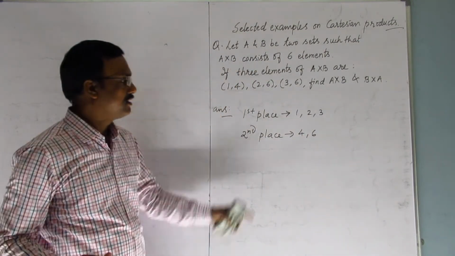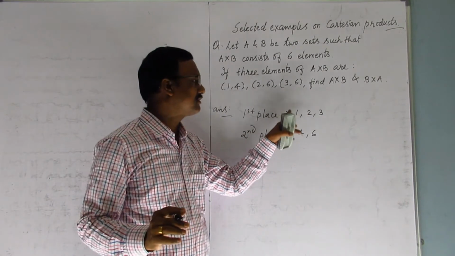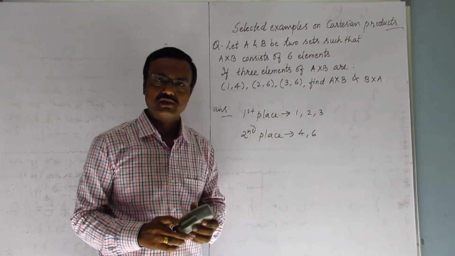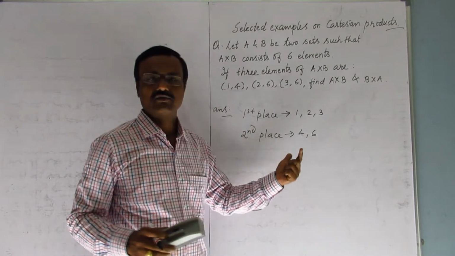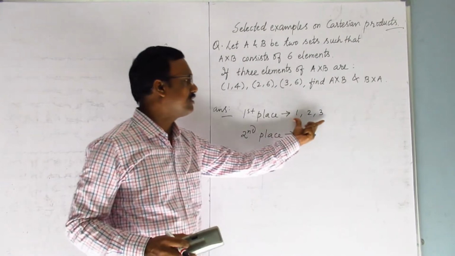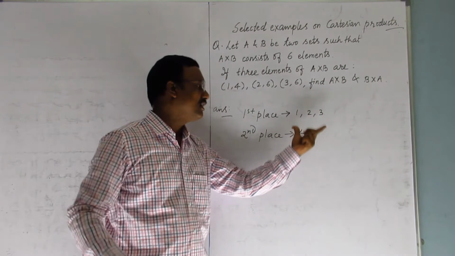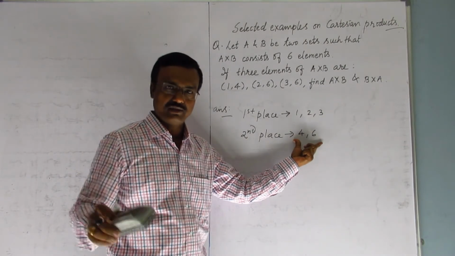Naturally, first place elements are from set A and second place elements are from set B. That means 1, 2, 3 may be from set A and 4, 6 may be from set B.